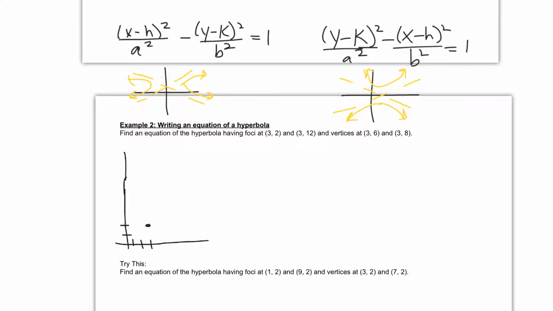There's my point (3,2), and then I have (3,12) up here. Those are my foci. And then I have my vertices at (3,6) and at (3,8). So there's my other vertex.